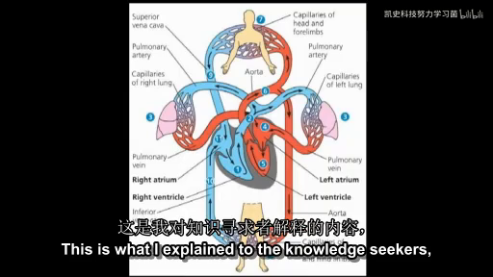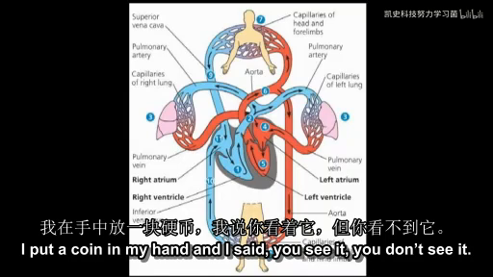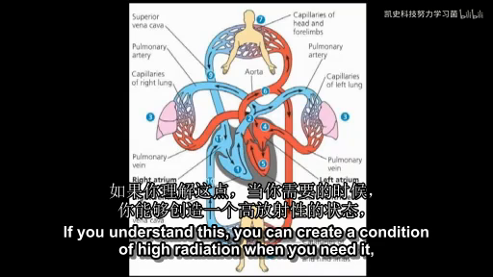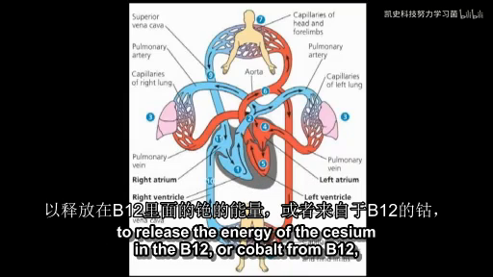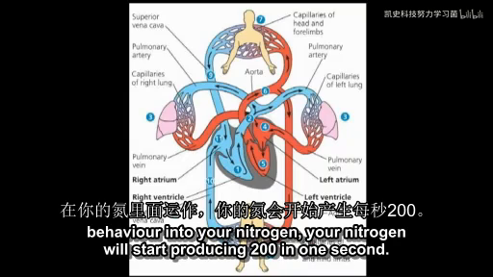This is what I explained to the knowledge seekers. I put a coin in my hand and I said, you see it, you don't see it. If you understand this, you can create a condition of high radiation when you need it, to release the energy of the cesium or cobalt in the B12 into your nitrogen. Instead of releasing one extreme ultraviolet every, let's say, 10 seconds, it releases 200 in 1 second.